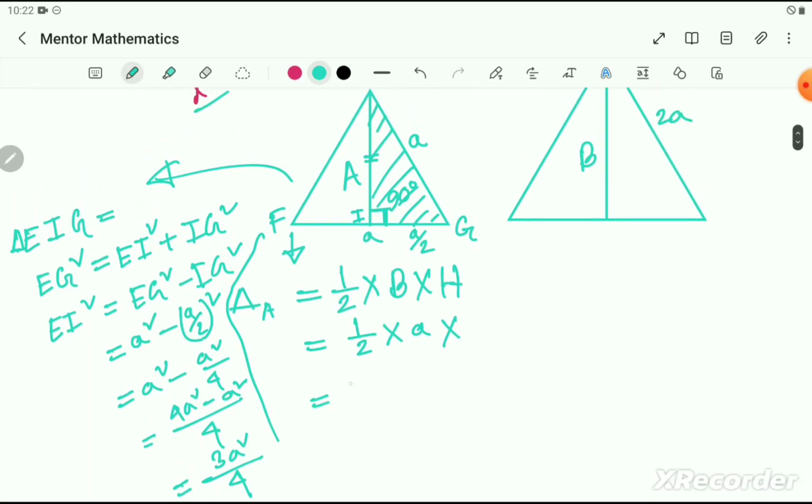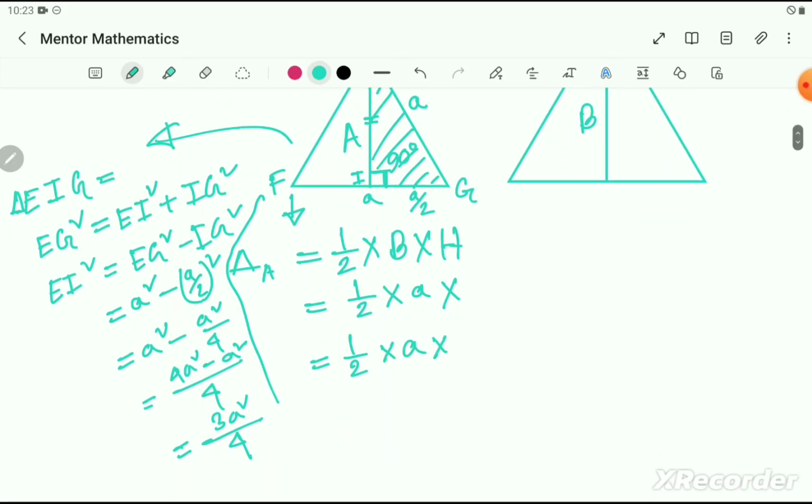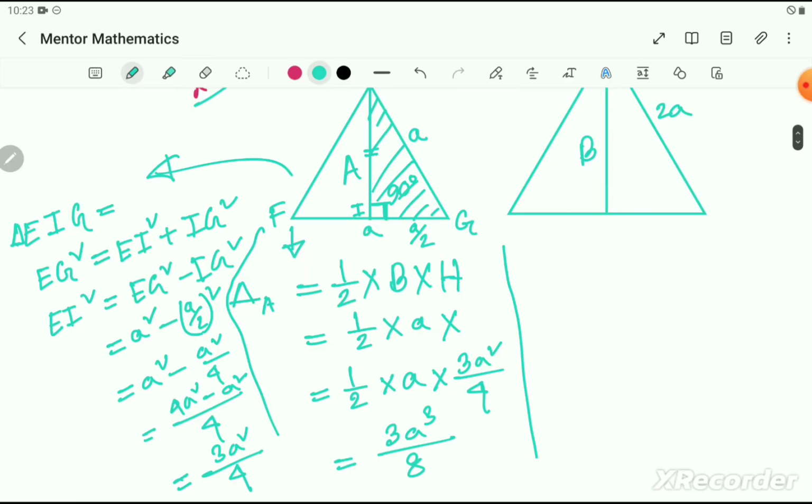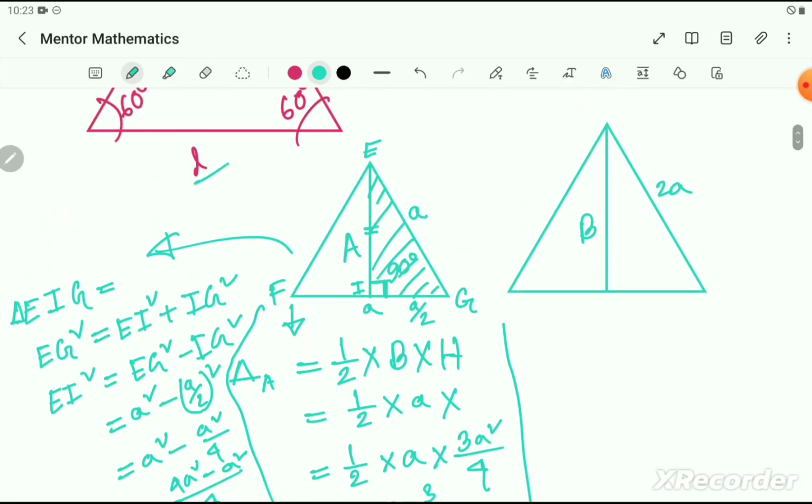Therefore the surface area we can write as half into A into root 3A squared by 4, then it becomes root 3 A squared by 4. Similarly, if we want to find the surface area of triangle B, then we have to know the distance of base B and height, and the height we do not know.